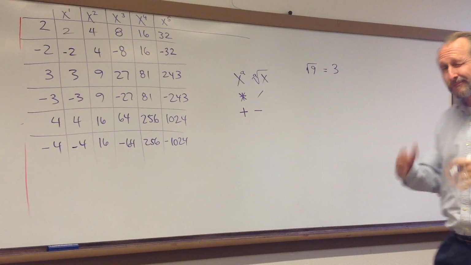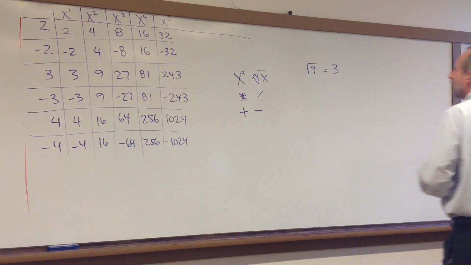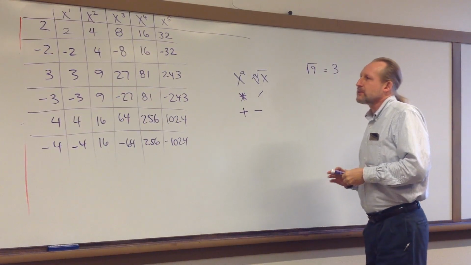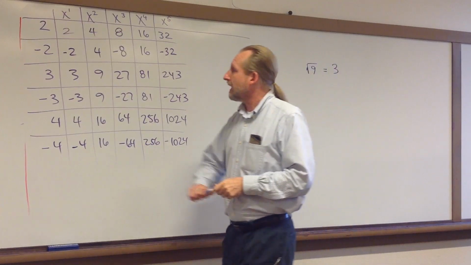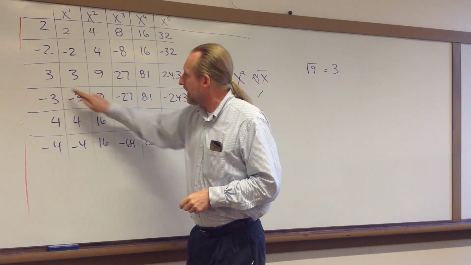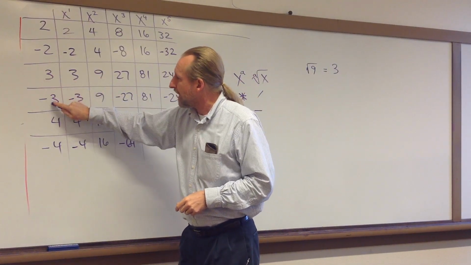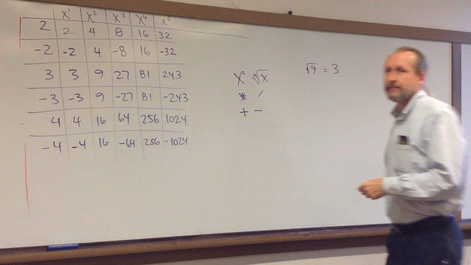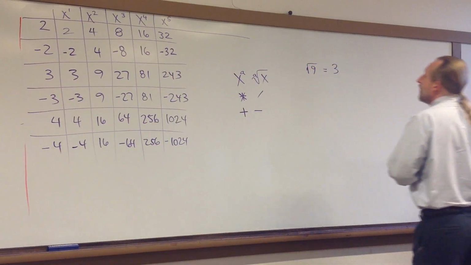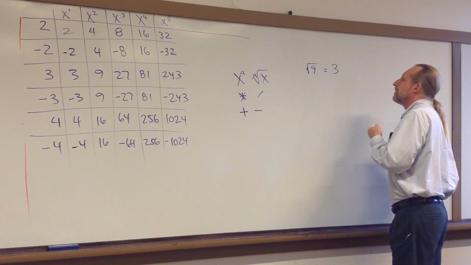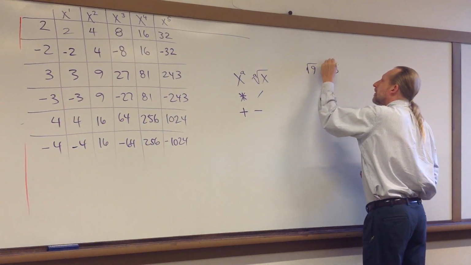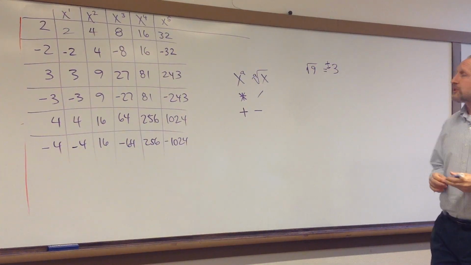Okay, now let's just take a sidebar here for a minute, because in looking at this table, it's clear that the square root of 9 could be positive 3 or it could be negative 3. And so a lot of people would do this, and they would say positive or negative 3.